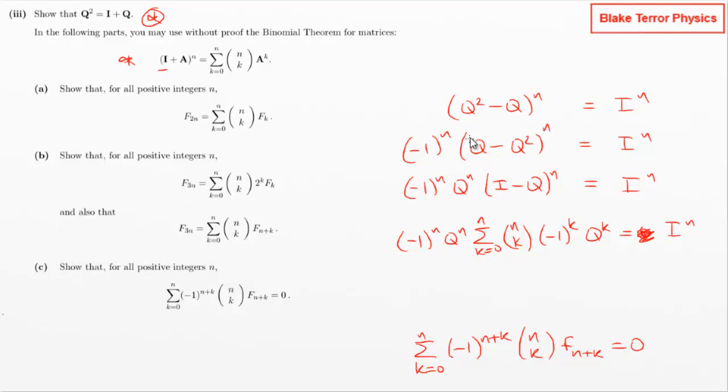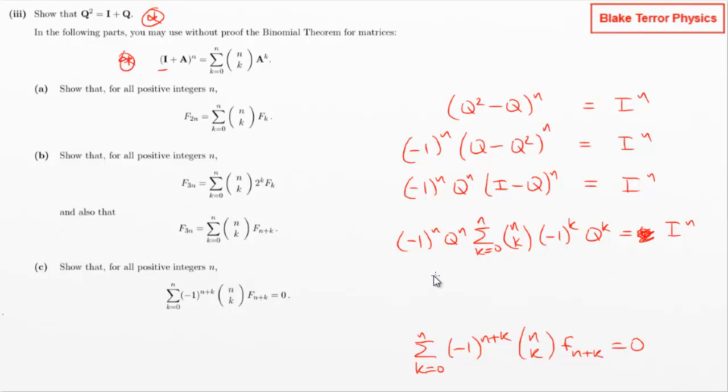Then I'm taking the minus out. Then I'm factorizing that Q to the n. Then I'm putting it into the binomial. Yeah, this all works fine.